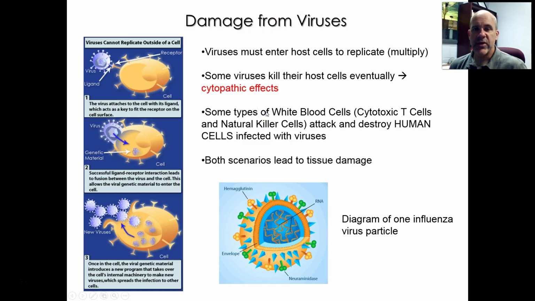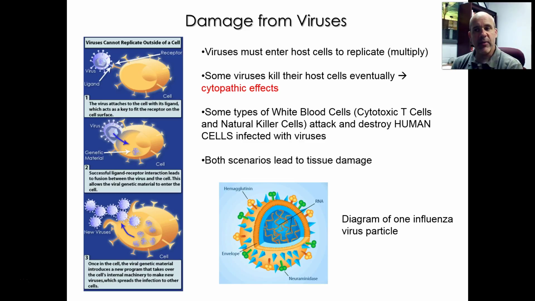Now, when we get into Chapter 13, in that part of the immune system, we're going to learn about how your immune system is actually programmed to torpedo or kill cells in your body that have been invaded by viruses. Because when a virus goes into a host cell, it's really hidden from your immune system.